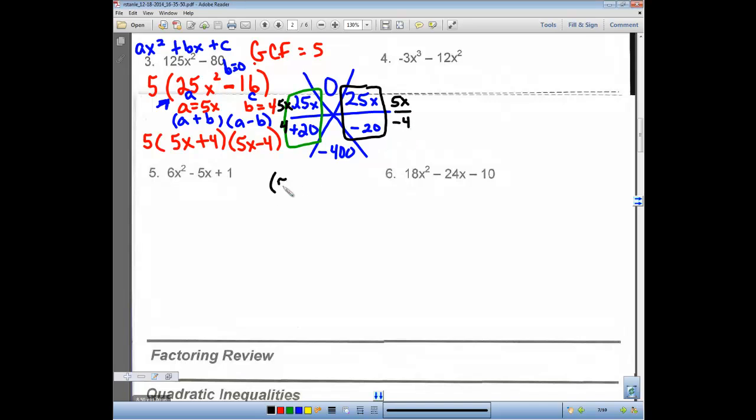So we have 5x plus 4 and 5x minus 4. Notice that 5 times 5 is 25x squared, but I have 125. Oh, I remember I took out a 5 at the very beginning. These are the factors.